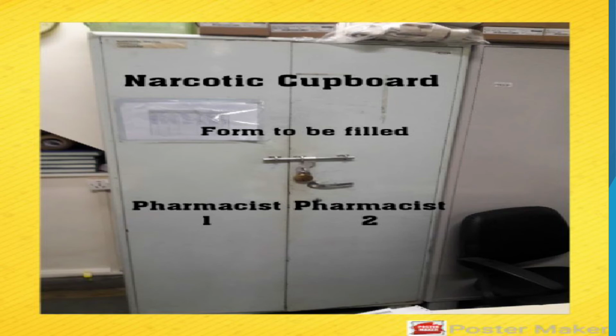After removing narcotic and psychotropic substances as per requirement, we fill the form signed by two pharmacists. We have a narcotic cupboard under surveillance of camera, with lock and key, for proper storage of narcotic and psychotropic substances under safety.